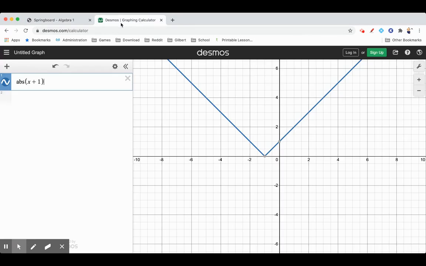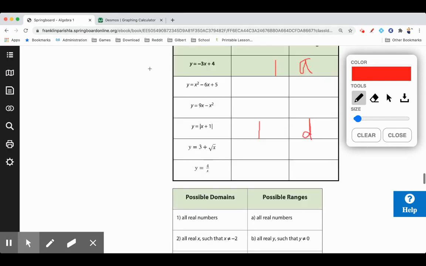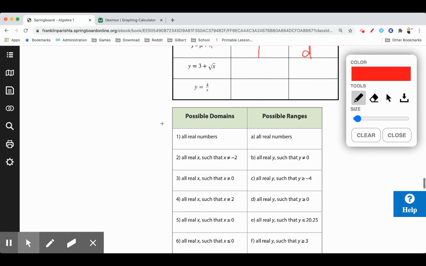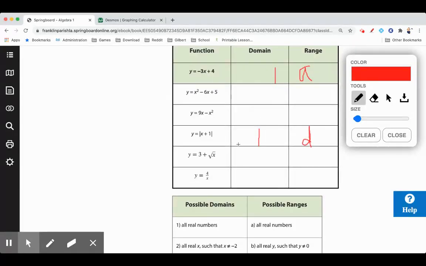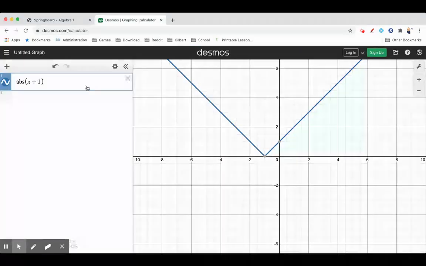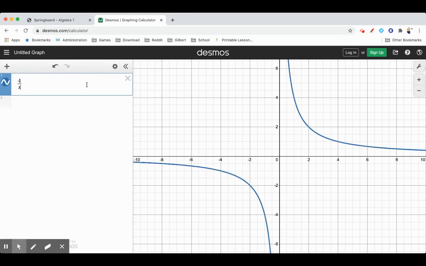Okay, so make sure you use this calculator if you need to graph functions. And we just need to make sure that we can tell the domain and the range for different functions. For example, 4 over x. Okay, 4 divided by x.